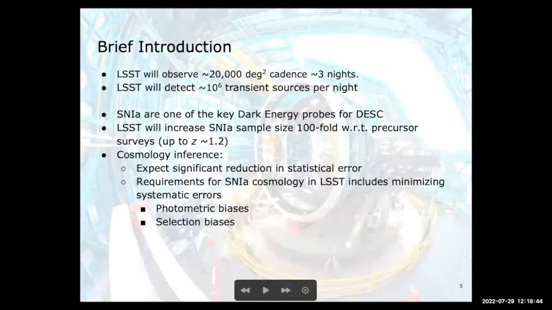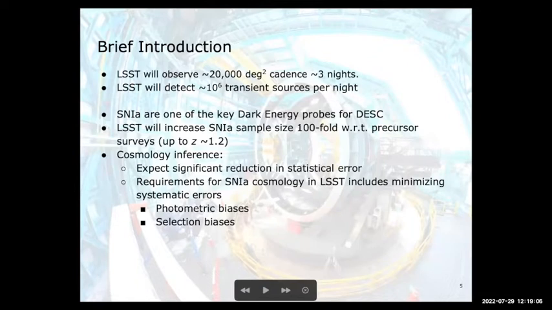So we all have heard what LSST is. Certainly, there are a lot of things that are yet to be defined: survey strategy, observations, the cadence and all. But we are all certain that it's going to be detecting a large number of transients per night.